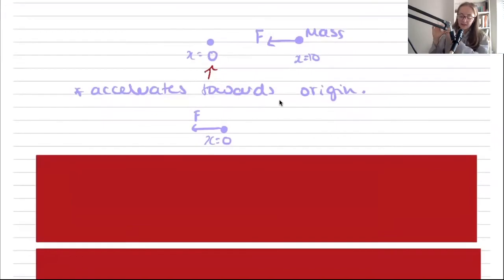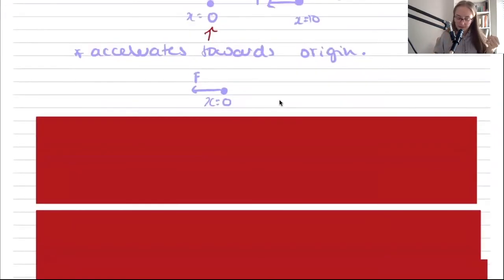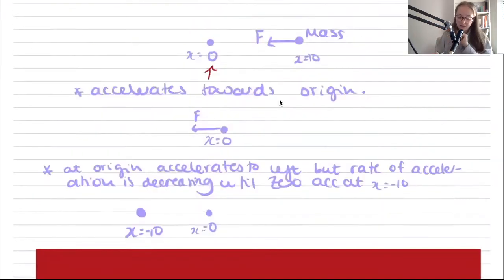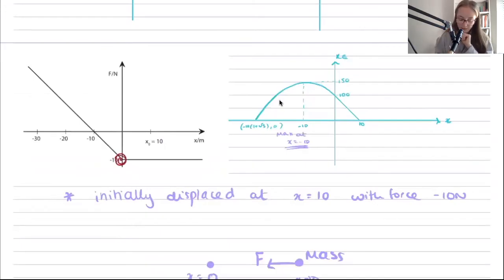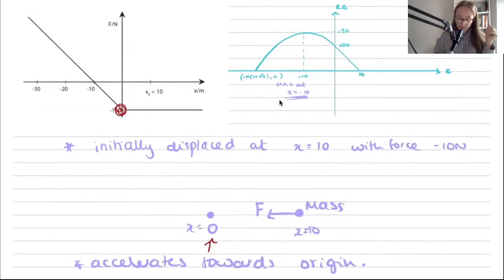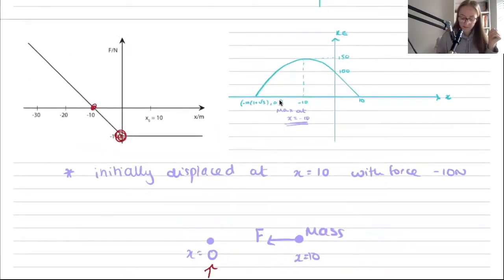And then because of that force, it accelerates towards the origin. And then at the origin, it still has this force of minus 10, right? So it's still being pulled to the left. But when it gets to this point here, it has no net force, essentially. So it's stopped accelerating when it's at minus 10.